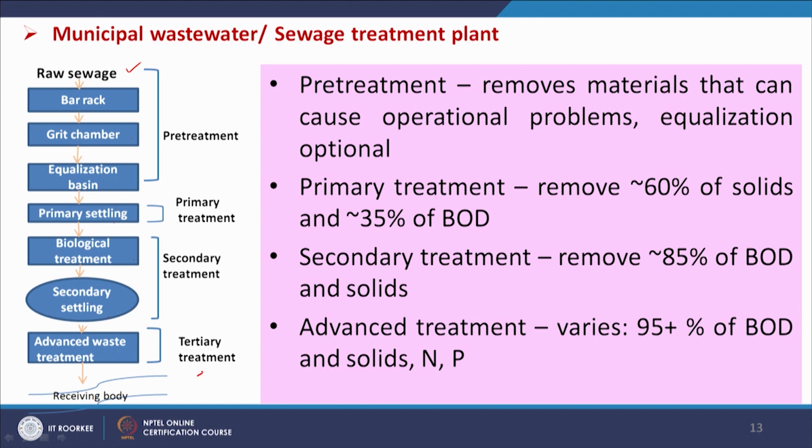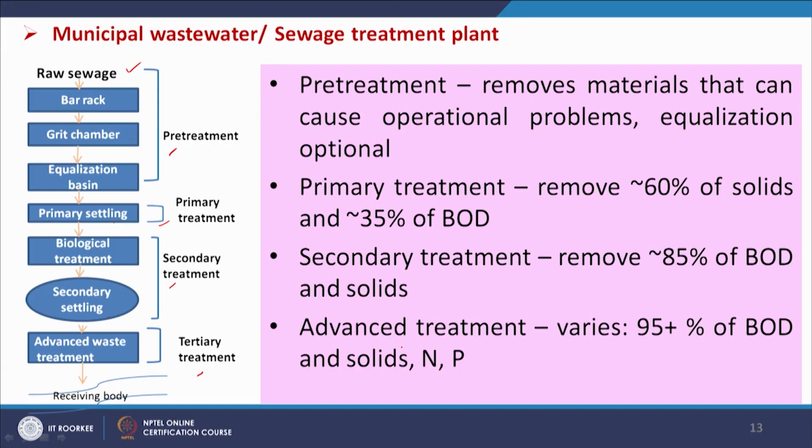So, this is our tertiary treatment, this is our secondary treatment, this is primary and this is pre-treatment. Ultimately after this treatment the water will go into the surface water, the receiving body, maybe a river or lake or maybe agricultural land, anywhere it can be. So, we see pre-treatment, primary treatment, secondary treatment and advanced or tertiary treatments we can mention here.